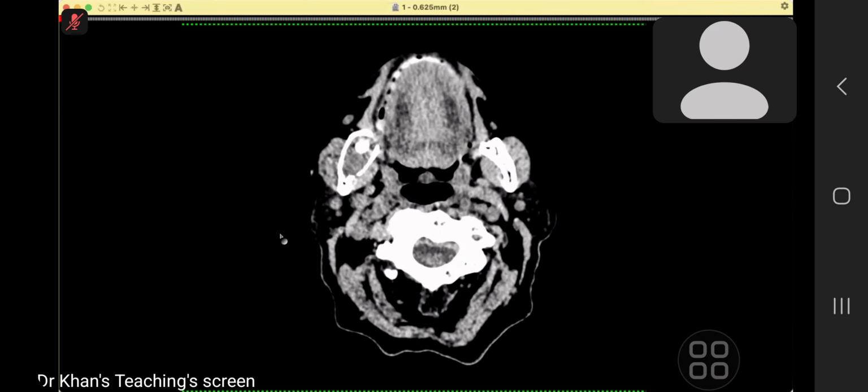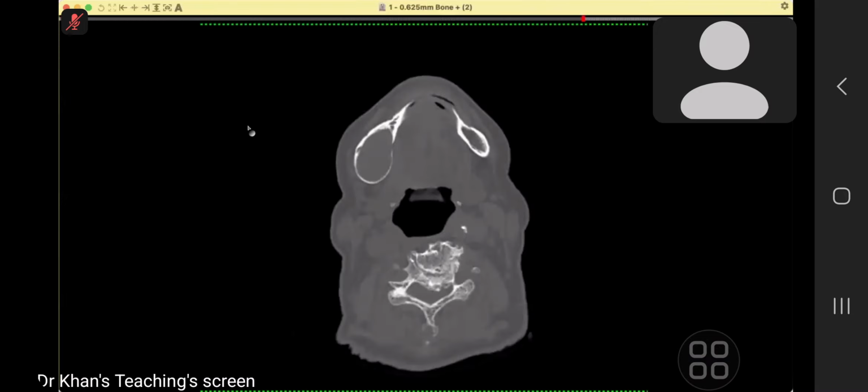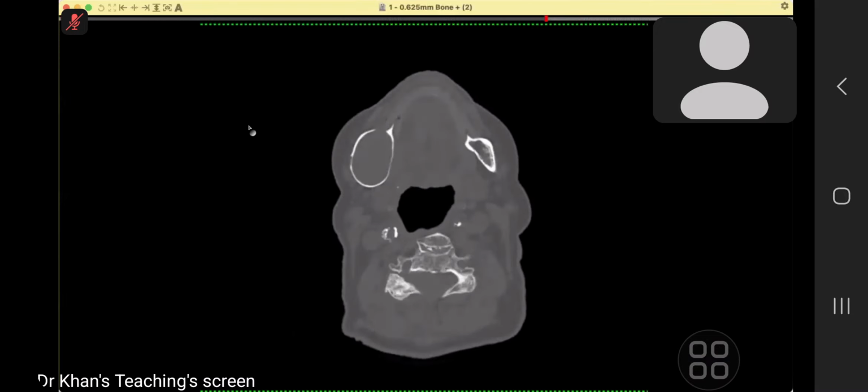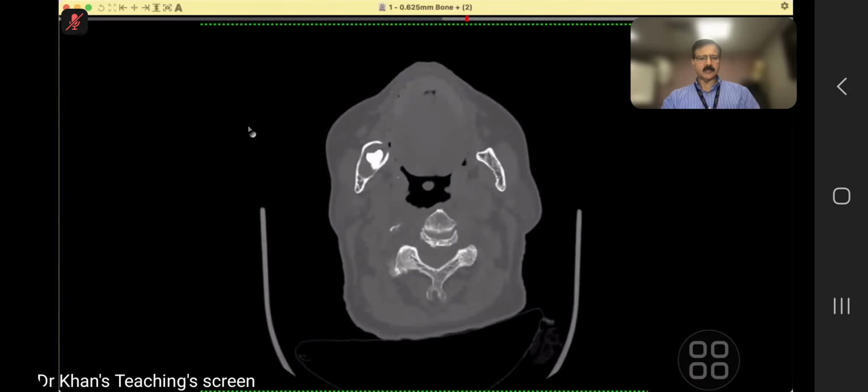So I'd like to get this evaluated in detail on further imaging to be able to finally comment about the possible differentials regarding this. But on these basic imaging, limited images available, it seems to be benign.